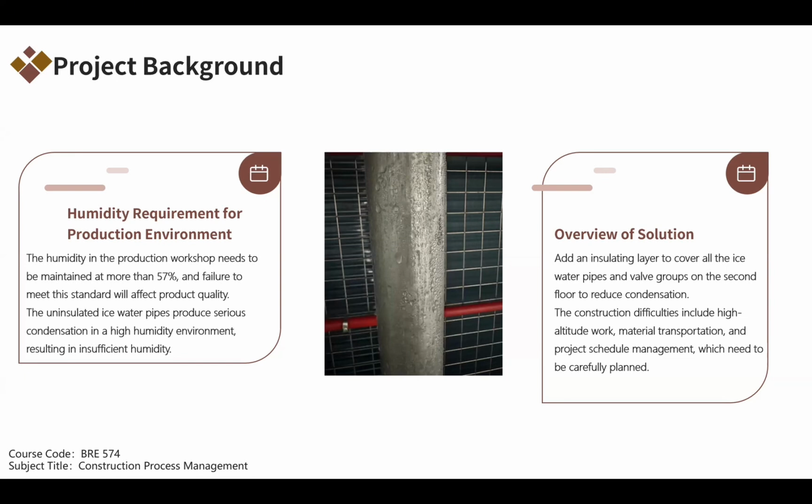So we want to give a solution. It can add an insulating layer to cover all the ice water pipes and groups on the second floor to reduce condensation. And in this project, the construction difficulties include high altitude work, material transportation, and project schedule management, which need to be carefully planned.